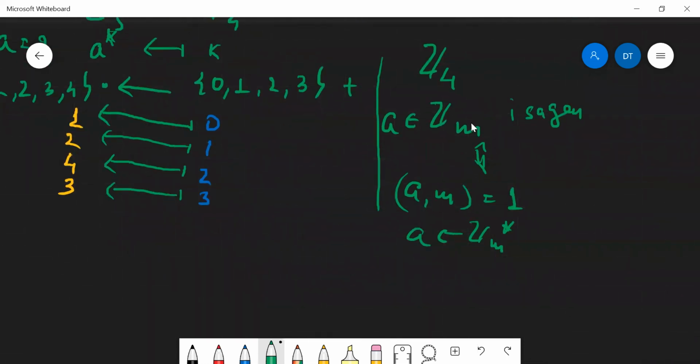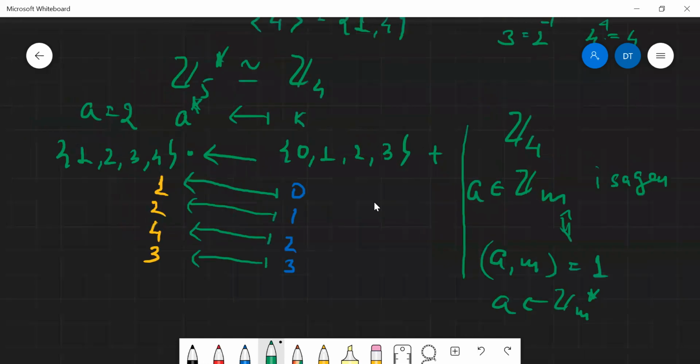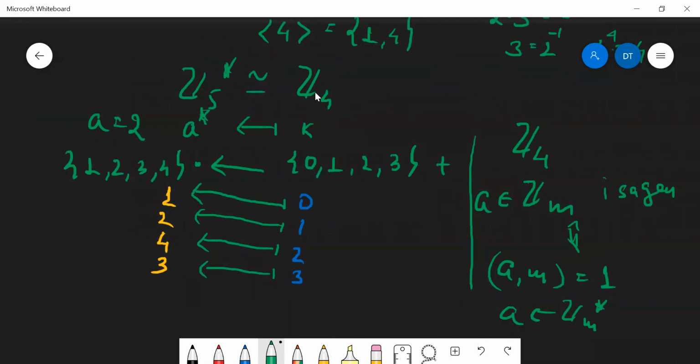In case of Z4, the generators are the elements of this set coprime with 4, and it's clear how to find them. 1 and 3 are the elements coprime with 4, and 0 and 2 are not coprime with 4. So these elements are marked as the generators. Via our isomorphism, we get that these are all generators here.